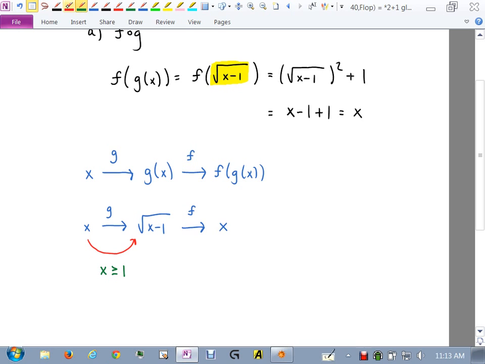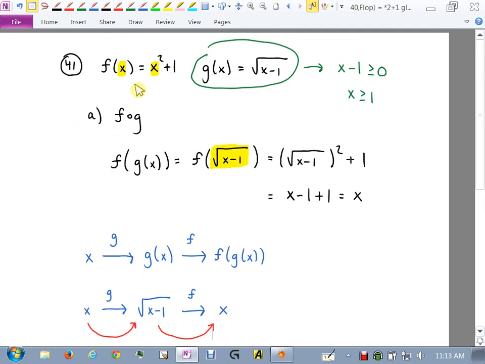Now, what about going from here to here? Looking at f, is there anything that f can't handle? Well, f is x squared plus 1. X squared plus 1 does not have a square root in it, doesn't have fractions in it. There's no real issue for us. F can handle anything.